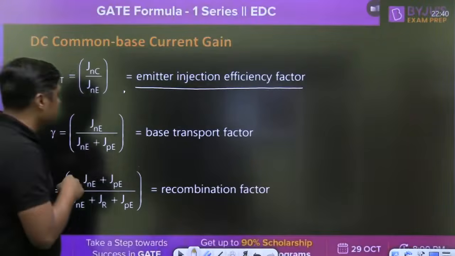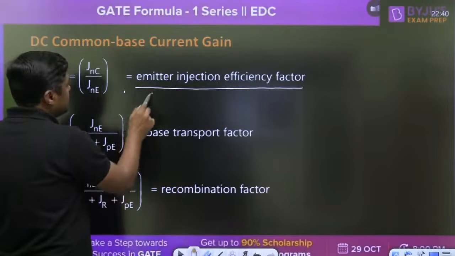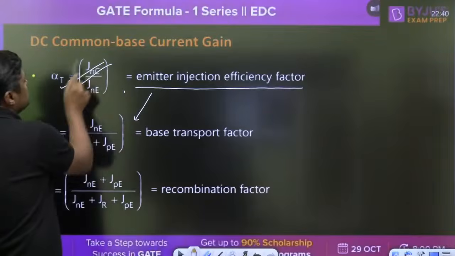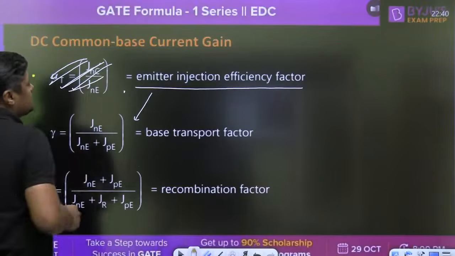Oh, there is a printing mistake. That was labelled as the emitter injection efficiency factor, but this is not the case. This is the base transport factor.